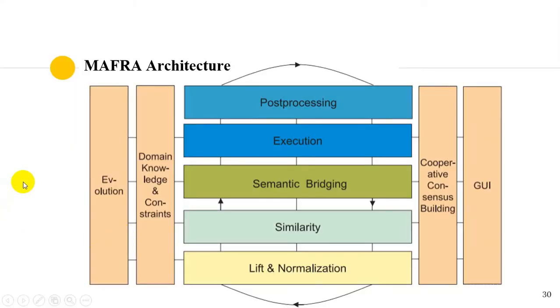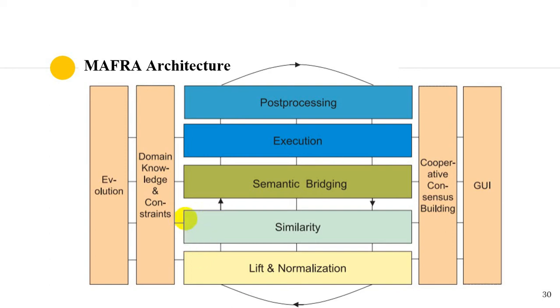As for the architecture, the framework consists of five horizontal modules describing the phases that are considered fundamental and distinct in the mapping process. The first is lift and normalization. It's used for lifting the content of the ontologies to RDFS schemas and normalizing their vocabularies by eliminating syntactical and lexical differences.